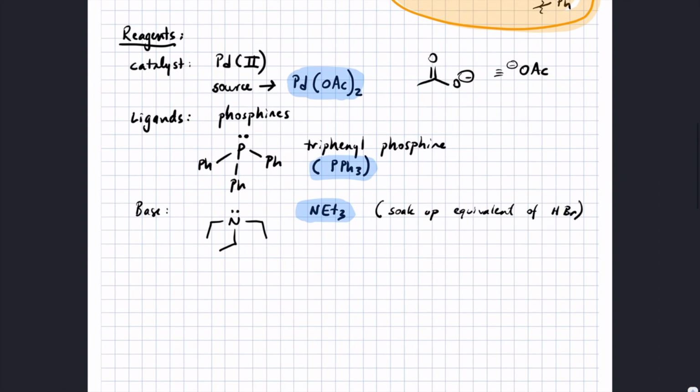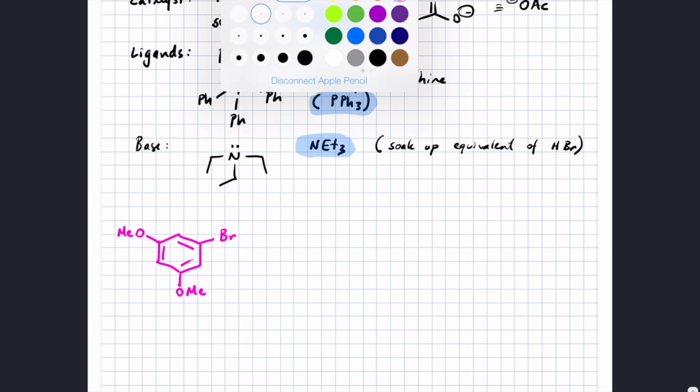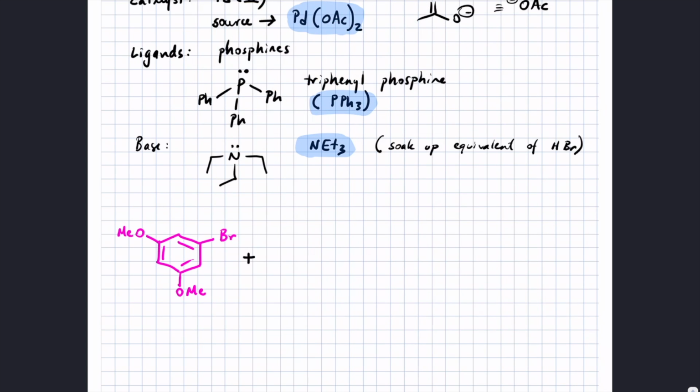All right, so let me give you an example of a Heck reaction. I'm going to draw our aryl halide, and let's say it's the bromide, and just for fun, let's put the methoxy groups there. And then we're going to couple that with a molecule called cyanoacrylate.